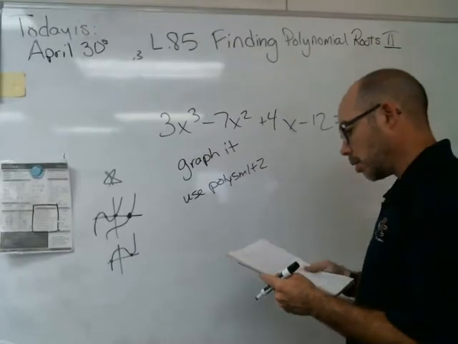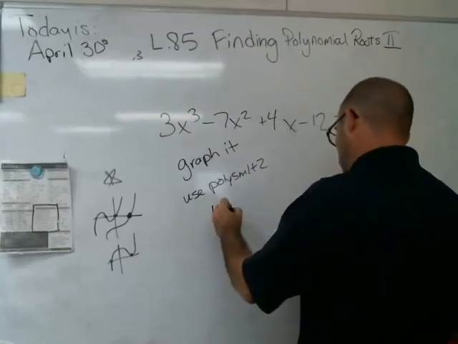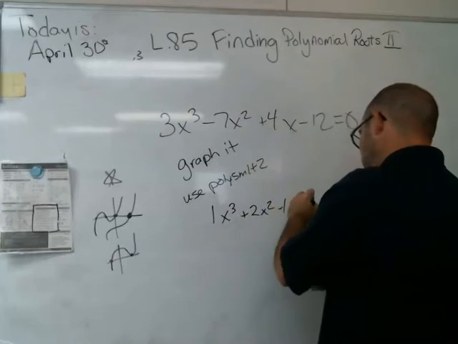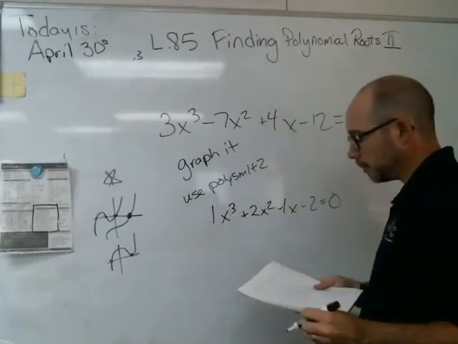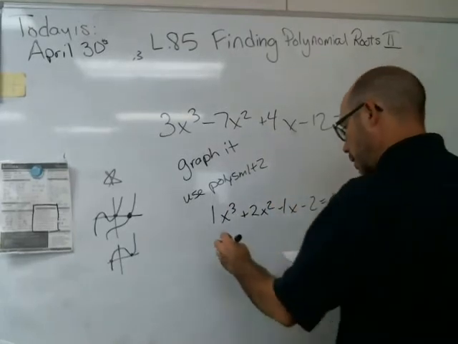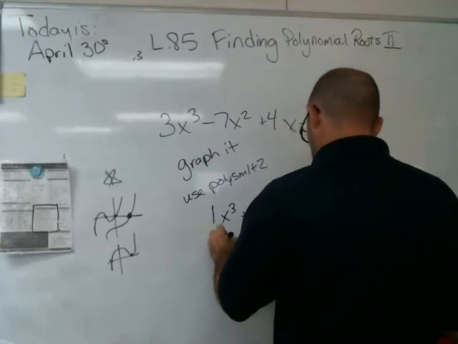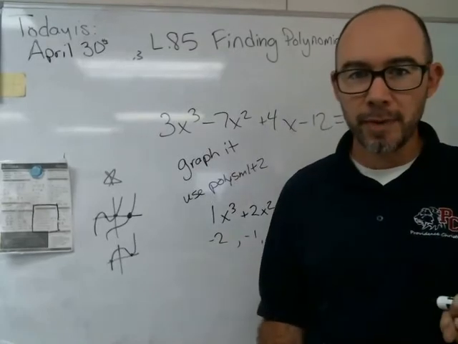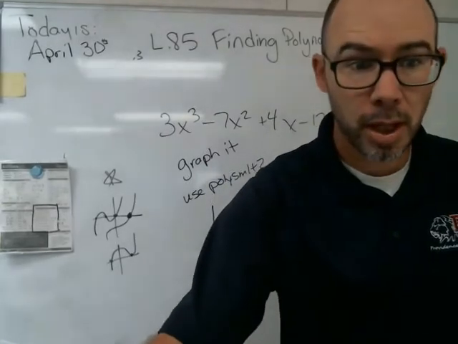Example 4, I used my polynomial root finder, and I got some really nice numbers for that one. It was 1x cubed plus 2x squared minus 1x minus 2 equals 0. And when I did that, I got my answers of -2, -1, and 1. I bet if you graph that one, it would look okay.